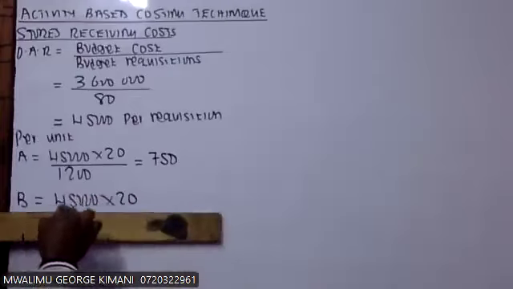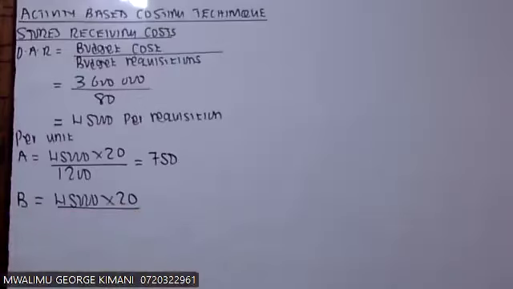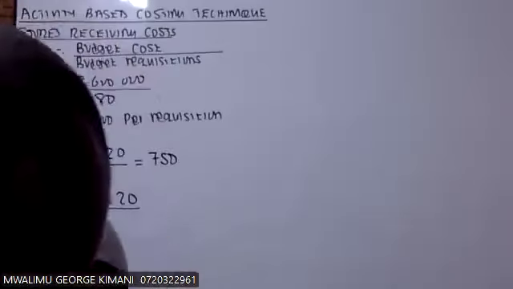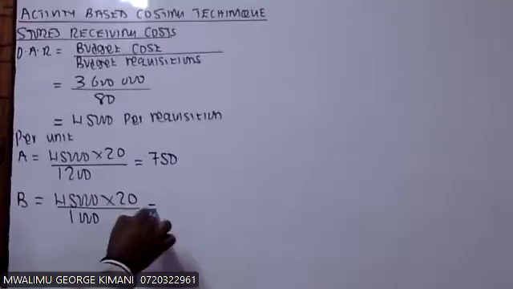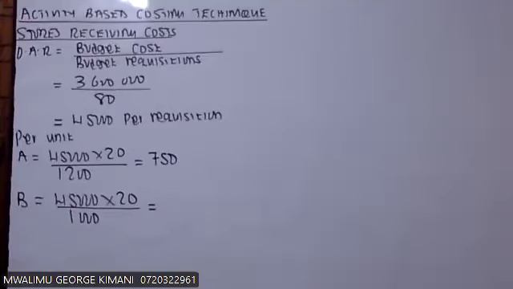You divide this by 1,000. $900. You go to C. 45,000 times 20 again.